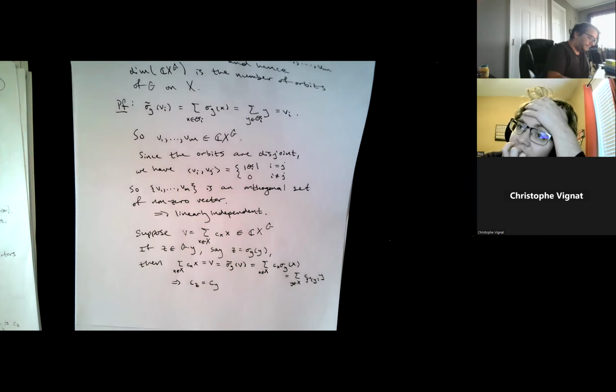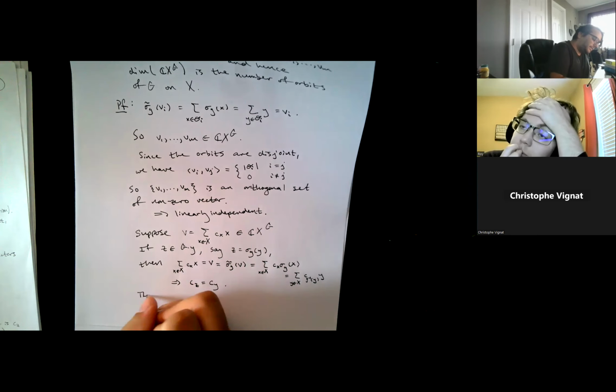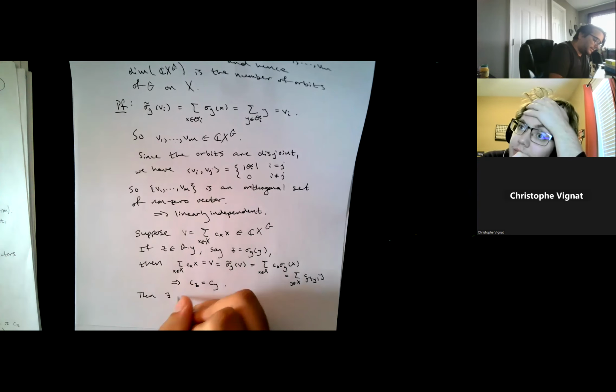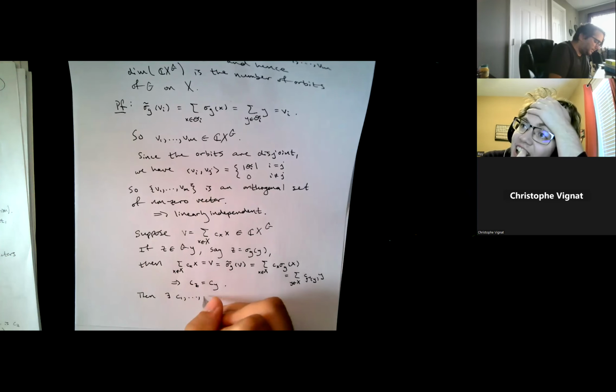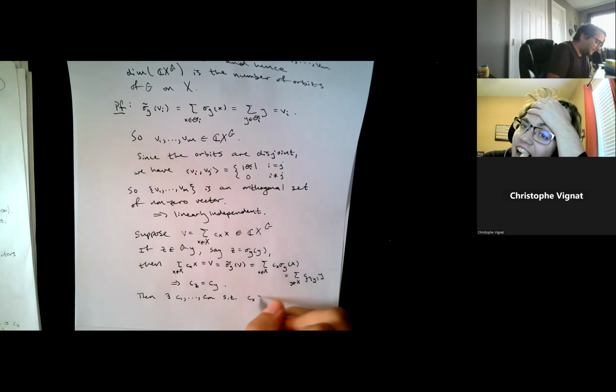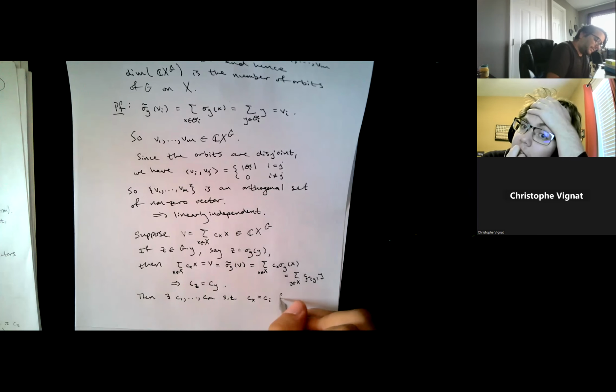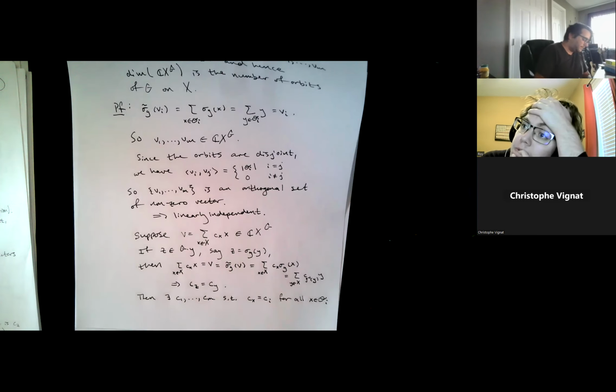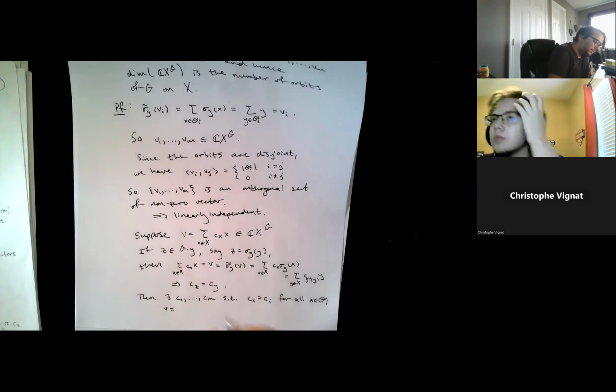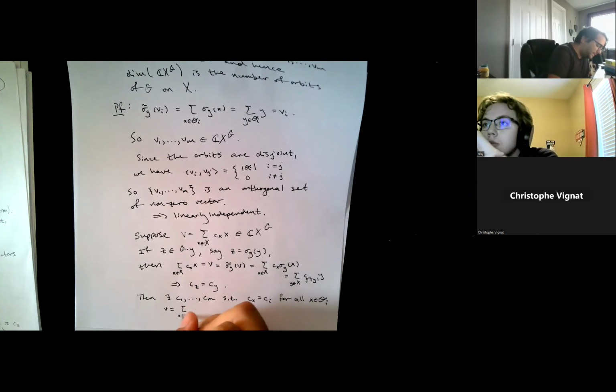Okay. So that means that there exist constants C1 through Cm such that Cx is Ci for all x in the ith orbit, and v is equal to the sum over x in X of Cx x.